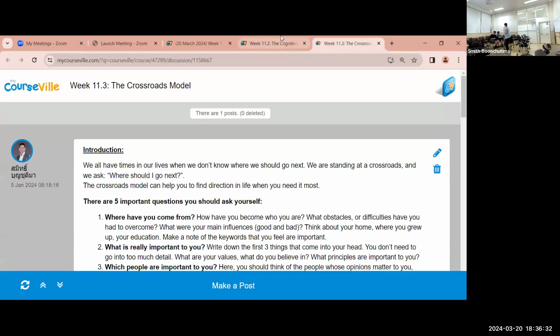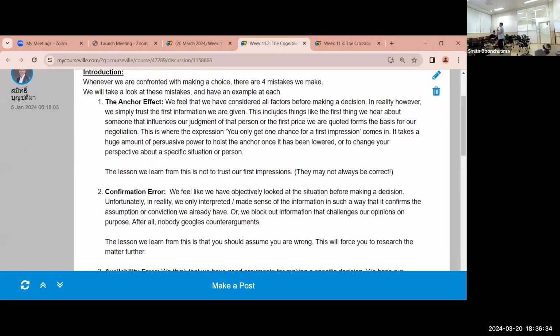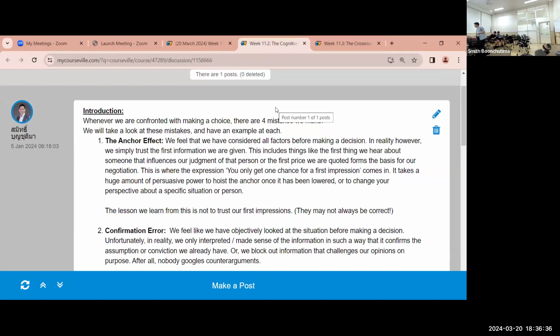And for the cognitive bias, do you know what bias means? Can you help, Sarina? What is bias? Like when you favor or dislike something. Yes, bias means you favor something or you dislike something based on subjectivity.